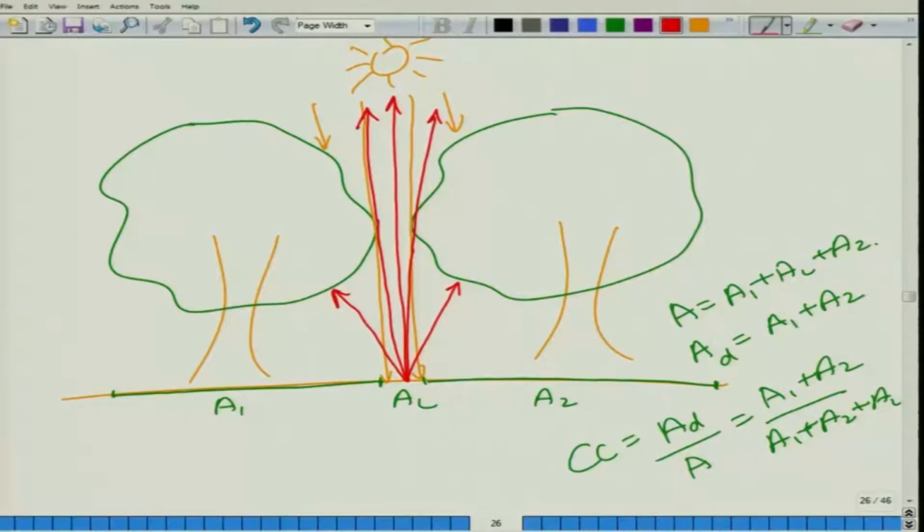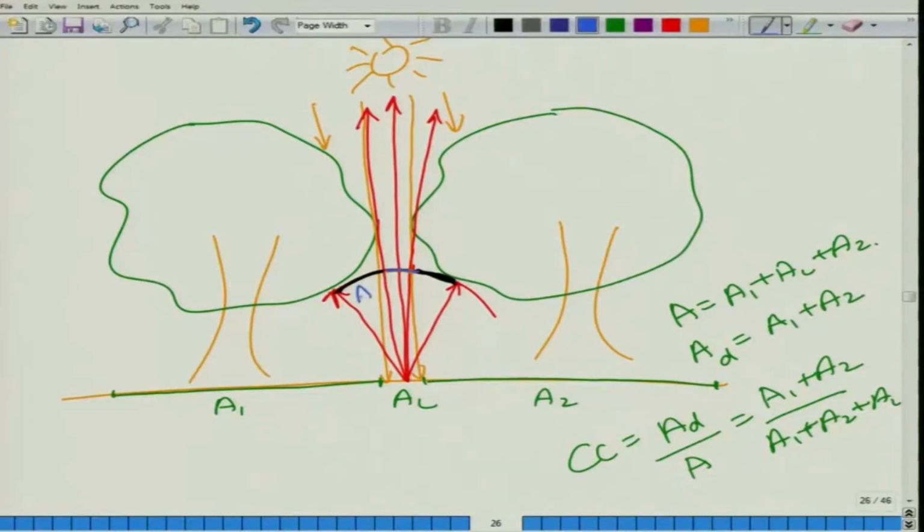So, now canopy closure will be considering this section, this portion that is covered by the canopies. So, we are considering a solid section. So, this portion that is covered by the canopies, this portion is able to see the light, or let us say this is able to see the sky.